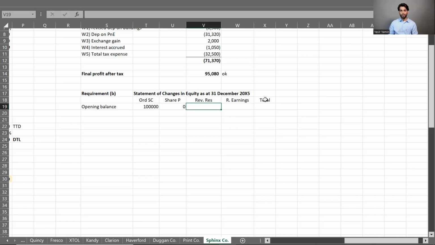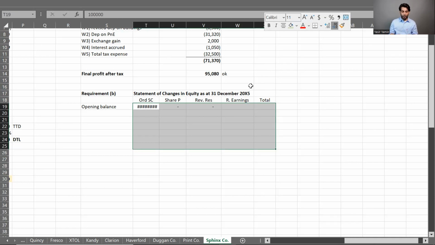I'm not going to show you anything. That is 0. Why is that? Because before this year, the company did not revalue anything. So it's fairly obvious that it is 0 as well.